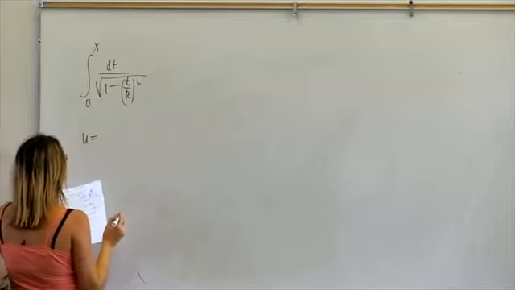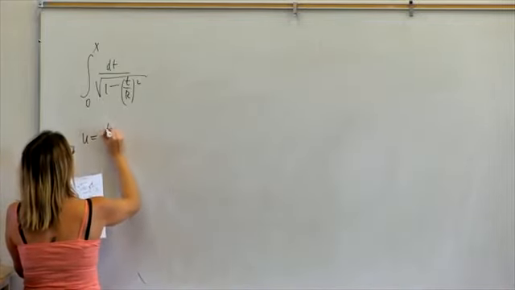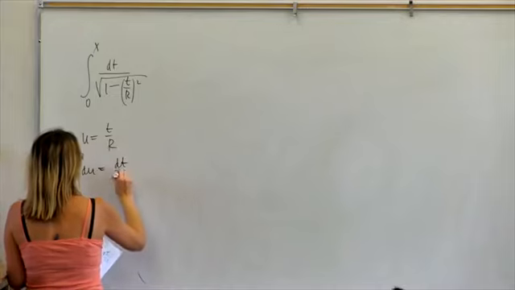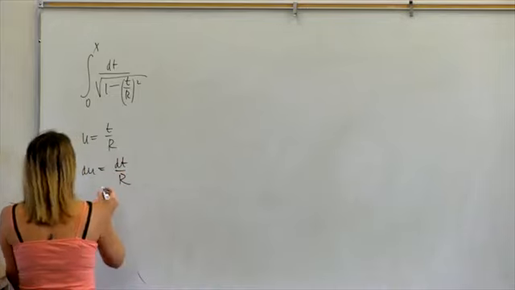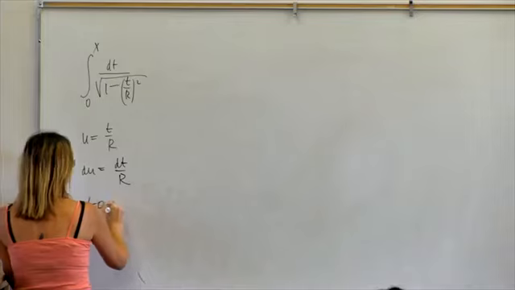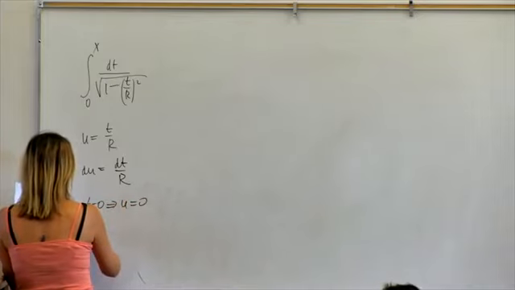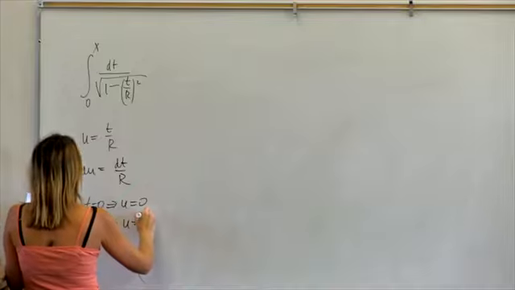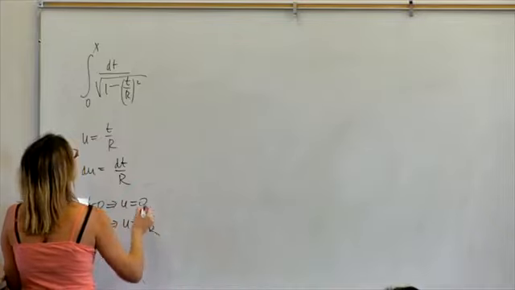My new variable u obviously is going to be t over r. du is dt over r. So when t is 0, u is 0, and when t is x, u is x over r.